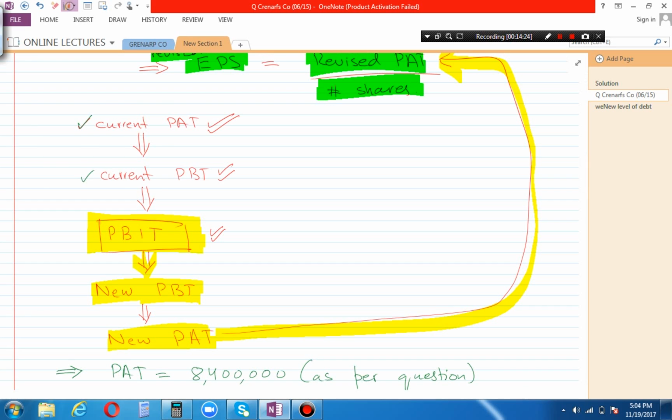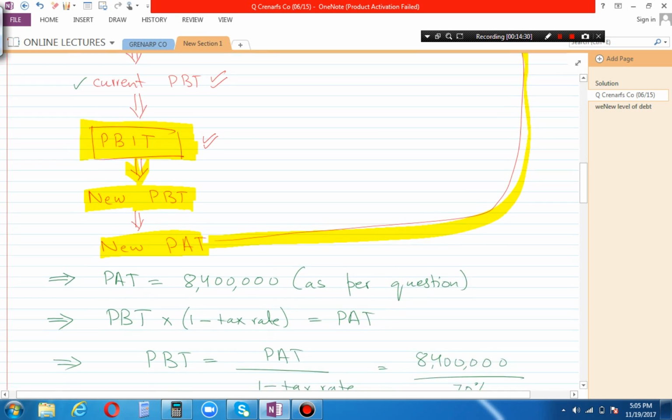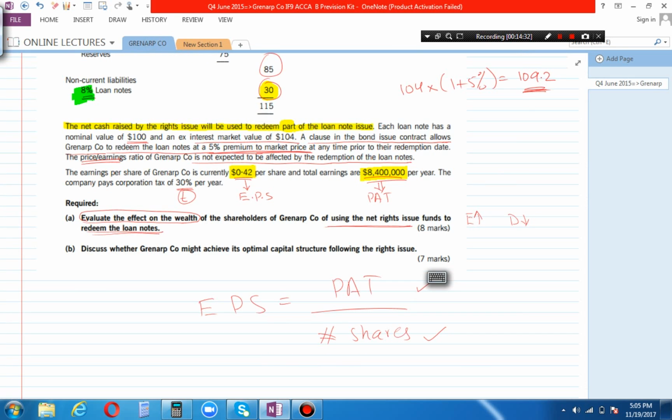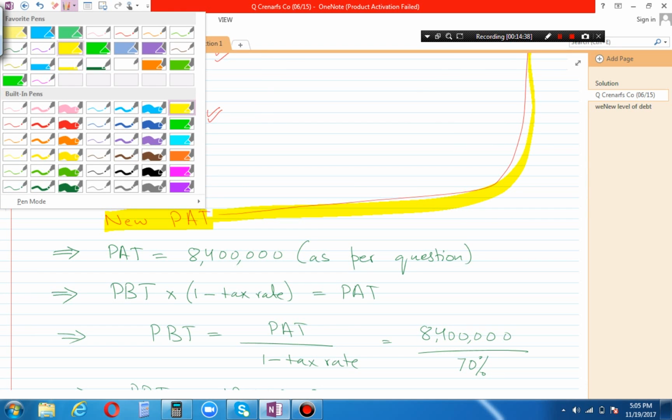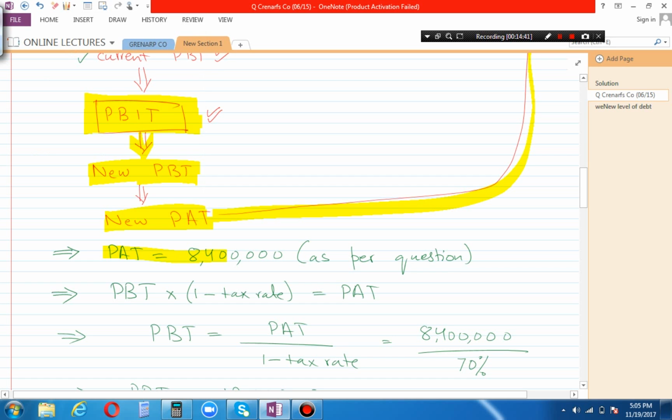So starting from our current profit after tax. As per our question, the current profit after tax is 8.4 million, as given to us by the question. Profit before tax multiplied by 1 minus the tax rate is profit after tax.